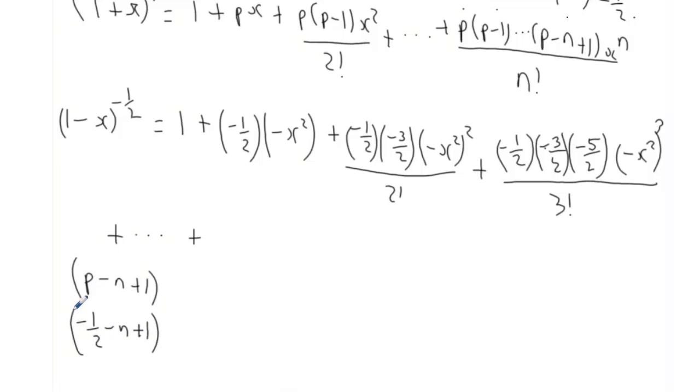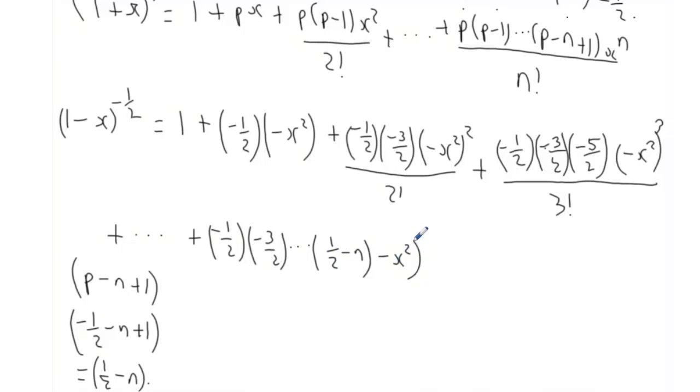So minus a half plus 1 is the same as 1 minus a half, so it's going to be a half minus n. Okay, so this is going to be plus minus a half, minus 3 over 2, and so on, all the way up to a half minus n. And then you've got a minus x squared to the power of n over n factorial.